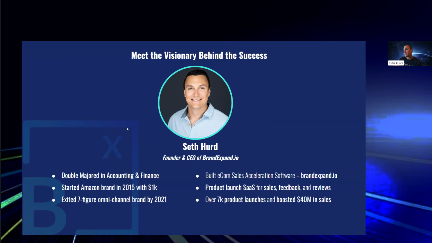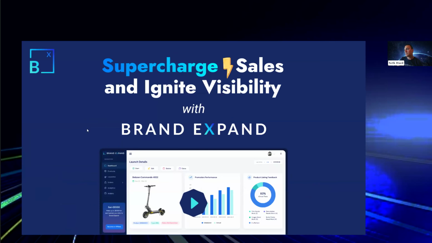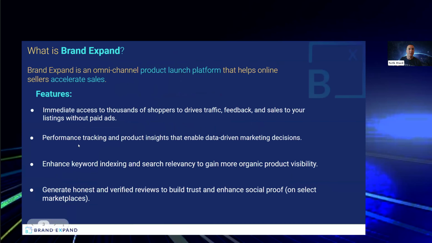Okay, so to get started, I will present the software. Supercharge sales and ignite visibility with Brand Expand. We're a full omni-channel solution. It's not just Amazon. We do Amazon, Walmart, Target, eBay, Etsy. TikTok Shop is becoming huge as well.